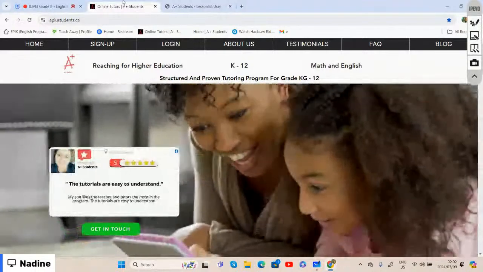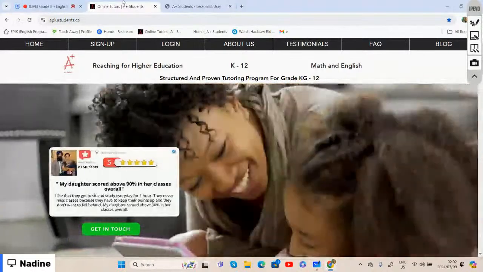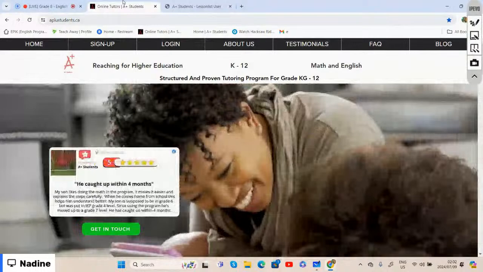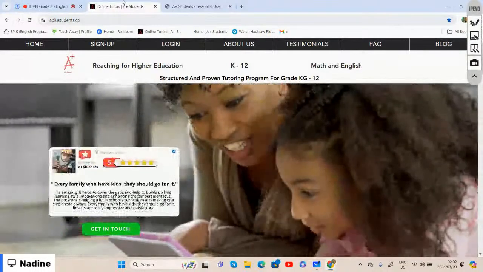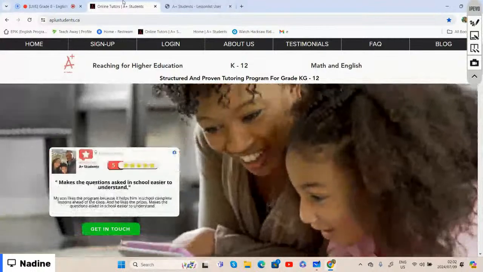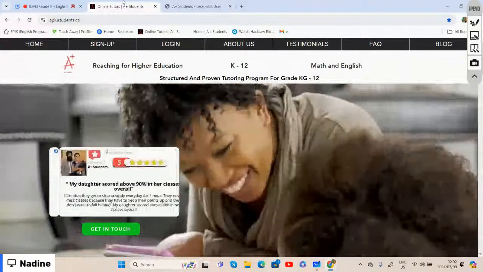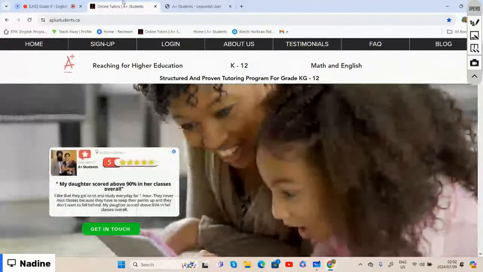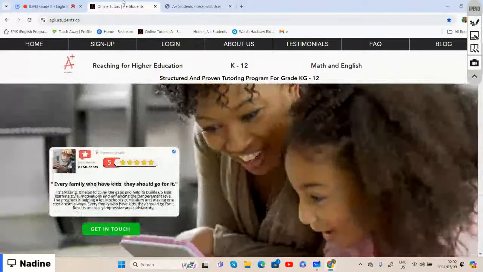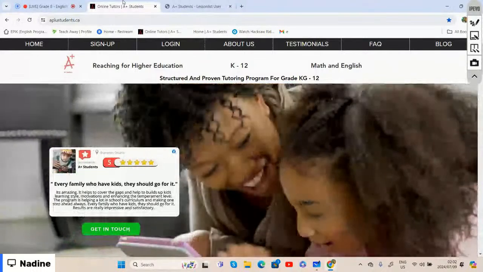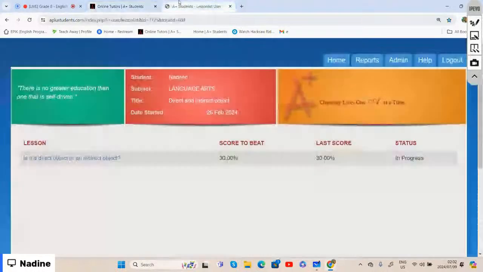Once you've logged on with our username as well as our password, we're going to select the subject of English Language Arts grade 8. Then we're going to scroll down until we get to the chapter of direct and indirect objects.